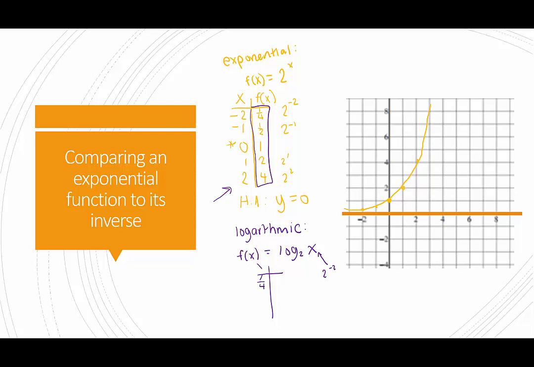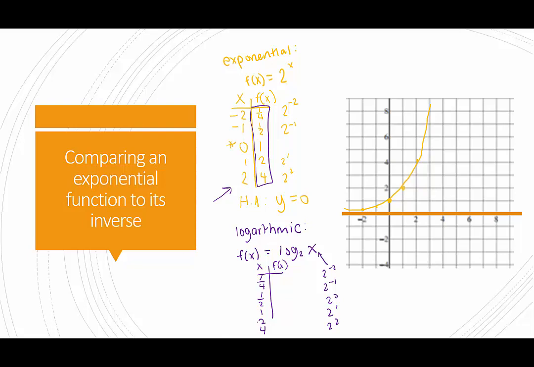That's what I want that one value to be, so I have a good sense of what I'm looking at. I want another value to be 2 to the -1 or 1/2. I want my critical point, which is going to be 2 to the 0, which is going to give me 1. I want 2 to the first, 2, and 2 squared, which would be 4. So again, you can see the inverse here taking place because these were the y values of that exponential function. Those are going to be the x values for the logarithmic function.